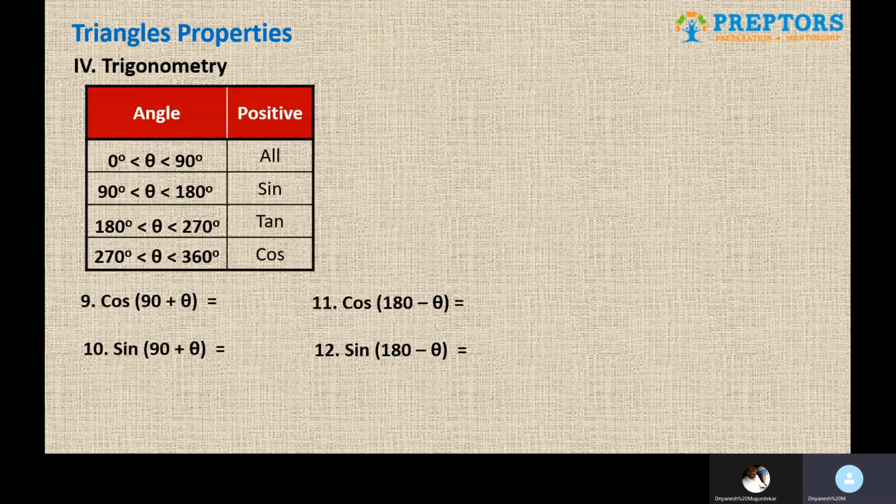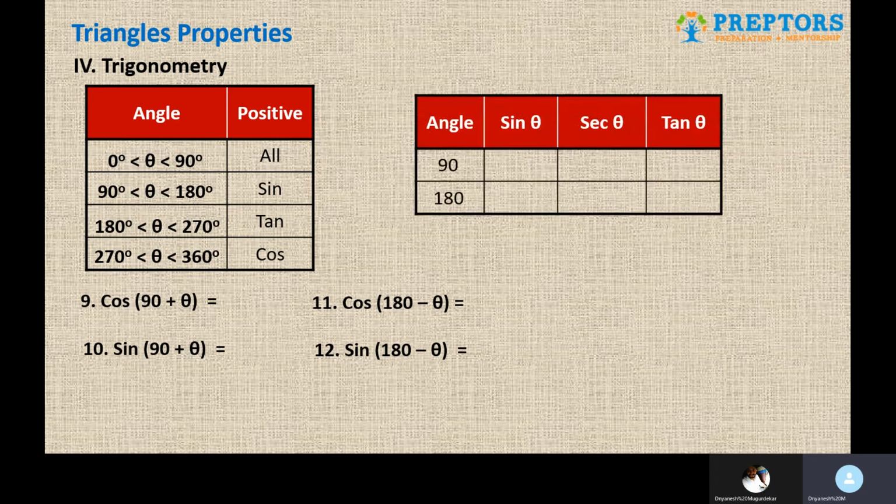The next one, now using all of this, cos 90 plus theta. Obviously 90 plus theta is in the second quadrant, and since it is 90, the ratio will change. Cos will change to sine and it will be sine theta. Also in the second quadrant, cos is negative, and hence this answer is minus sine theta, because in the second quadrant only sine is positive.